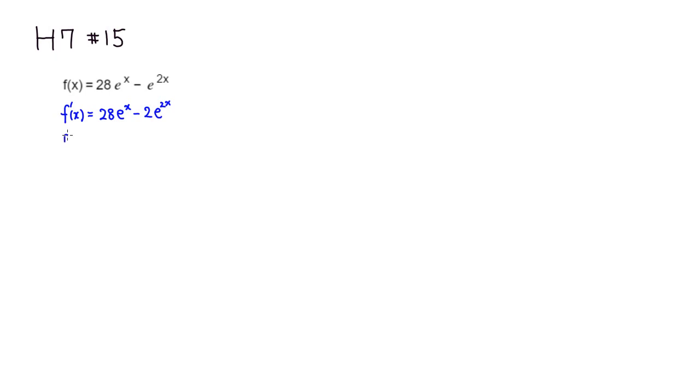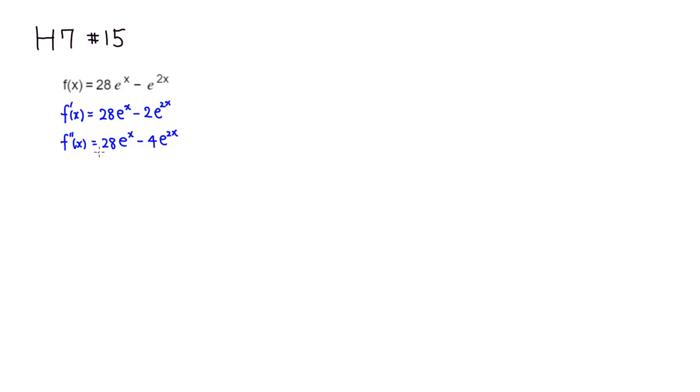The second derivative is f double prime of x is equal to, again, 28 e to the x. This doesn't change. But you have negative 2, and the derivative of e to the 2x is 2 e to the 2x, so it's going to be 4 e to the 2x.